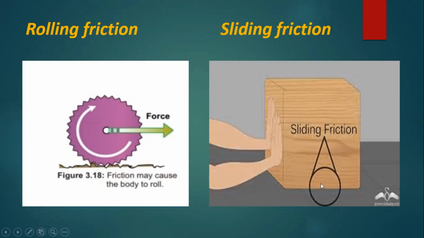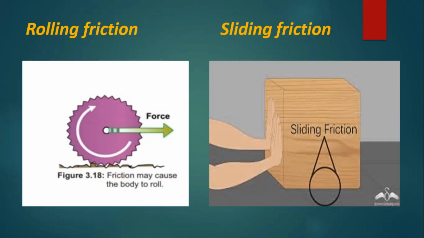That means they produce too much friction. So the sliding friction is a larger friction, but rolling friction is not. It is very less as compared to sliding friction. Clear? Hence, sliding friction is larger than the rolling friction.